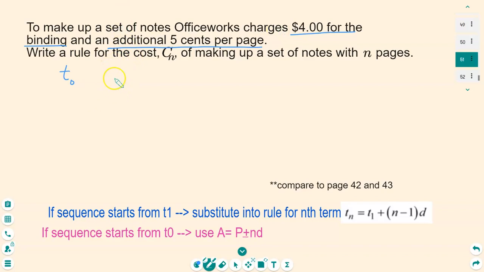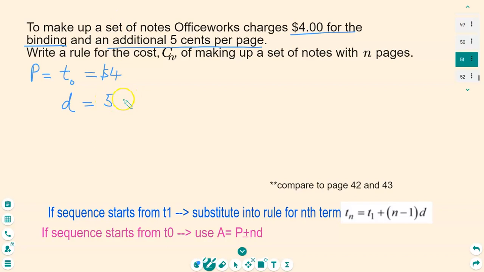Now let's look at what it looks like. So T naught equals $4. And an additional 5 cents per page. So additional 5 cents per page should be thought of as the common difference. But notice that we've got dollars and we've got cents. To put them in the same equation, we need to convert them to 1 unit.